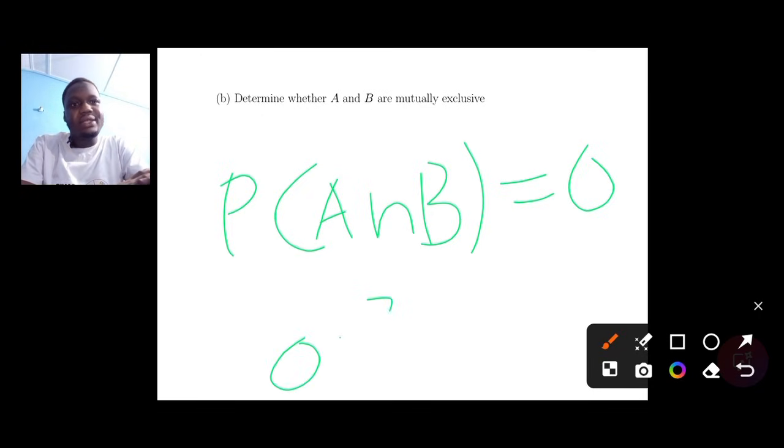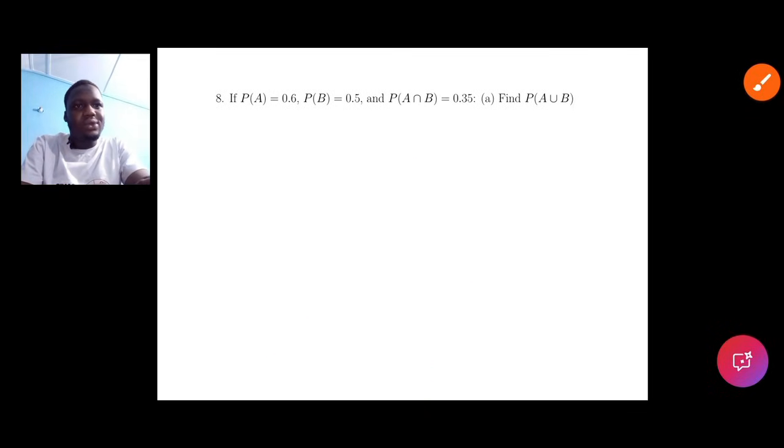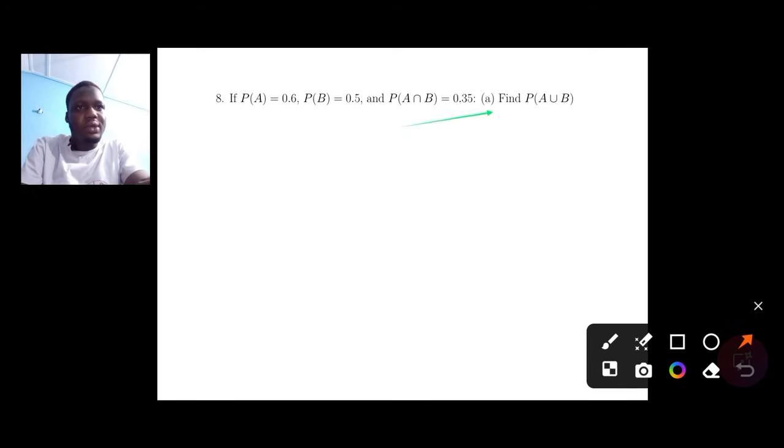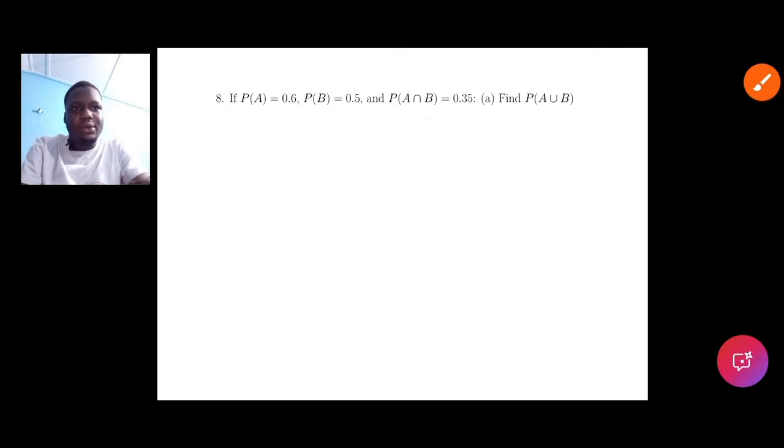It was 0.35. So this question is testing your understanding whether you really know what a mutually exclusive event is. We can see clearly here that it is not mutually exclusive because the intersection is not 0. It's 0.35. Okay, good.